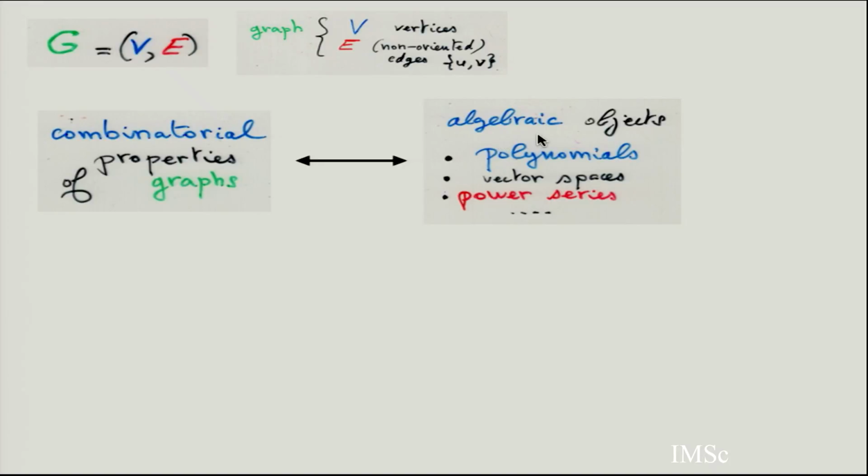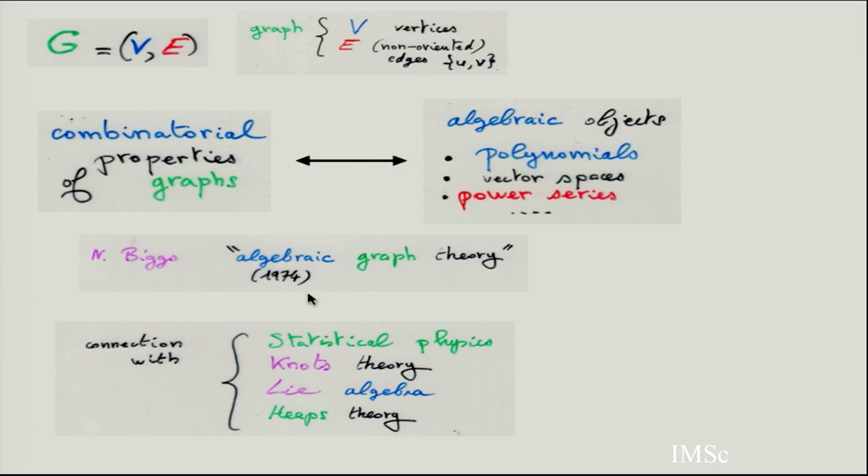So you can define some polynomial, some vector space, some group theory related to the graph. The first well-known classical book was Algebraic Graph Theory by Biggs in 1974. And there are connections on this subject with statistical physics, knot theory, Lie algebra, heaps theory, etc.